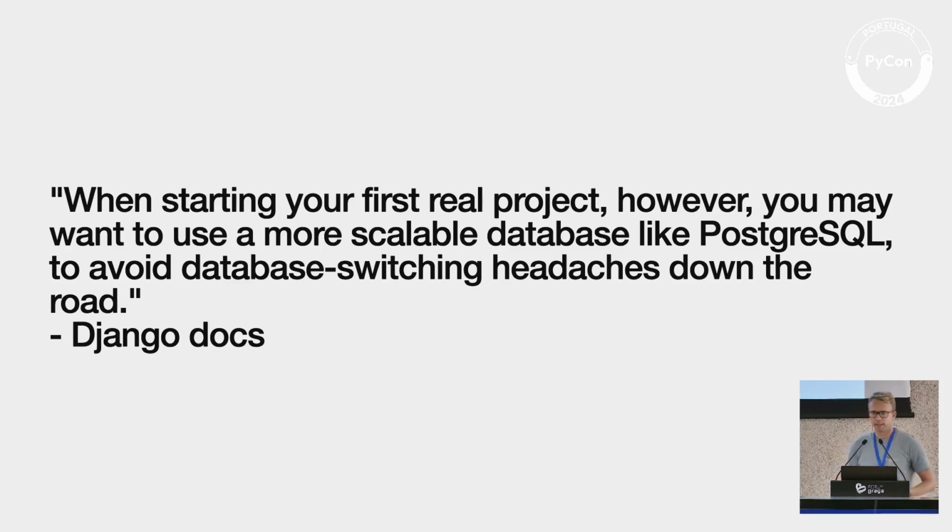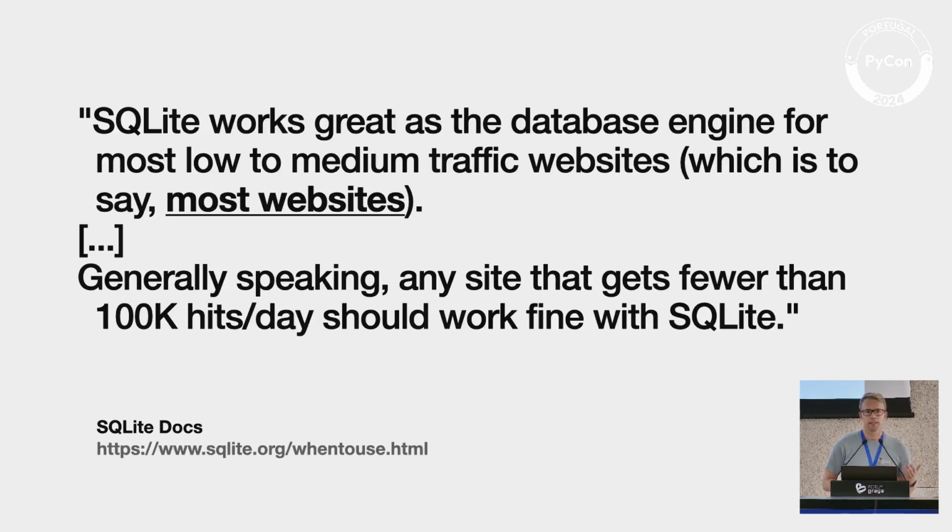So this is why in the Django docs, there's this sentence saying that if you're starting your first real project, you might want to choose a database that's more scalable. Even though this completely contradicts what's written in the SQLite docs, where it says that SQLite is probably good enough for most medium to medium traffic websites.